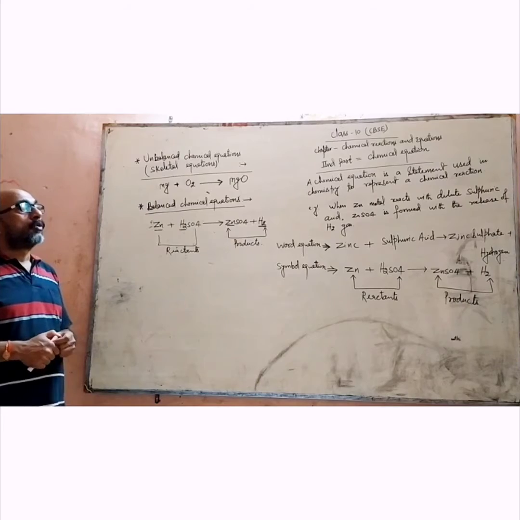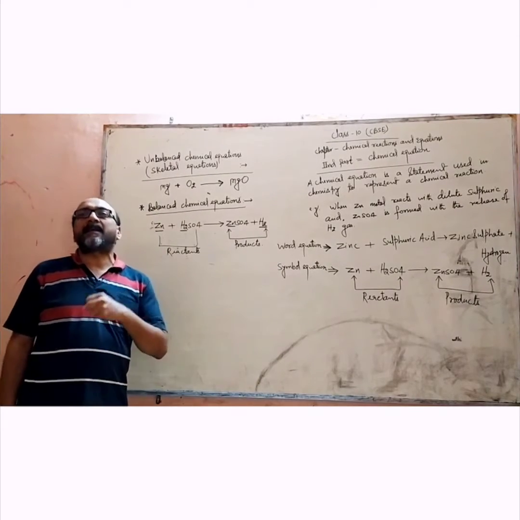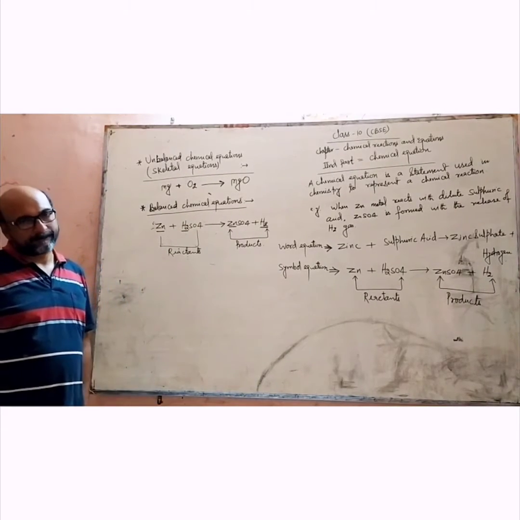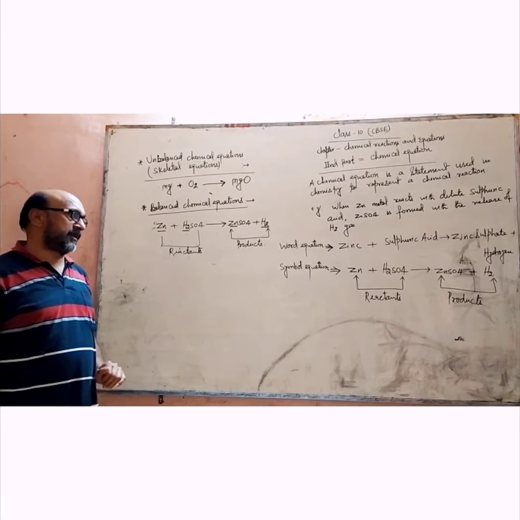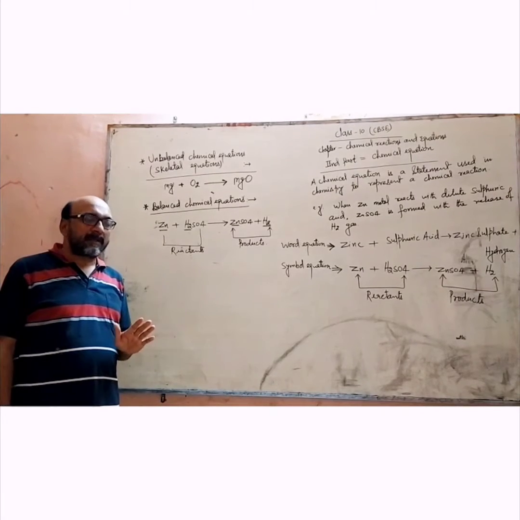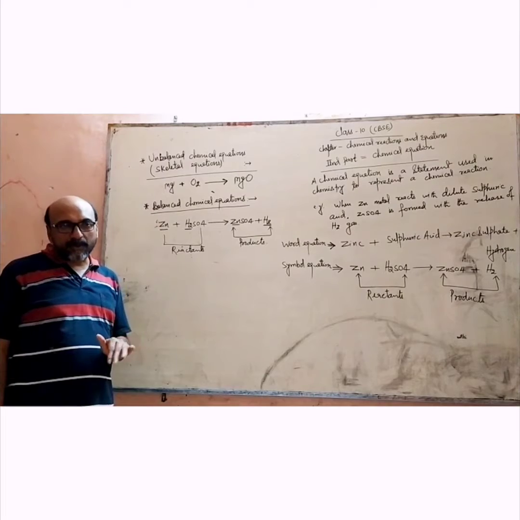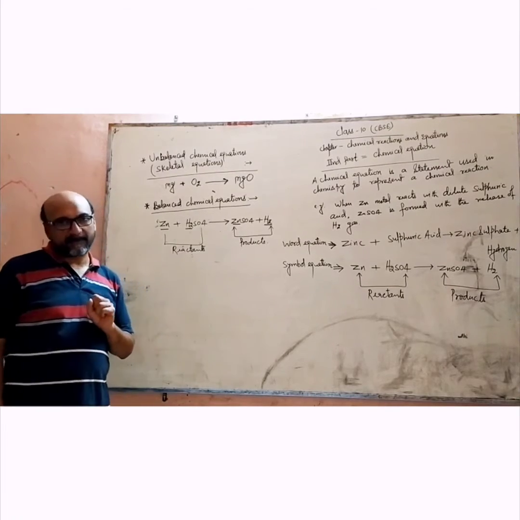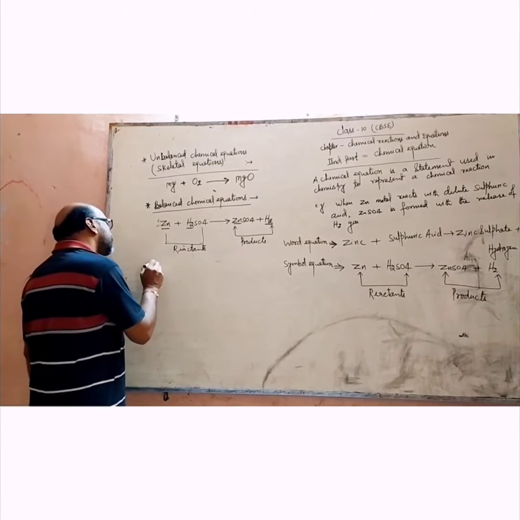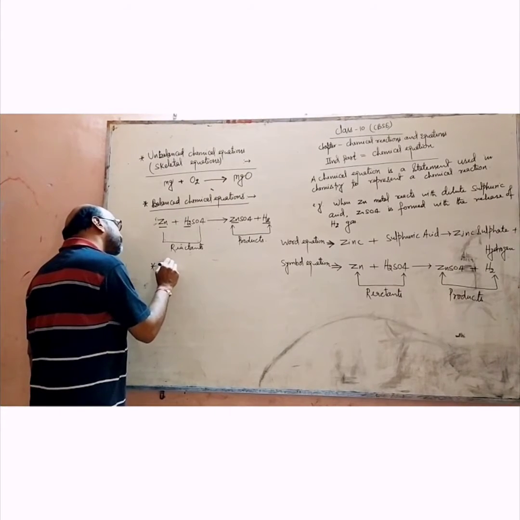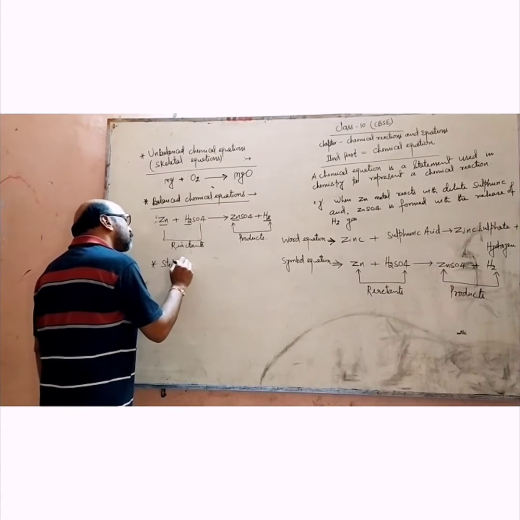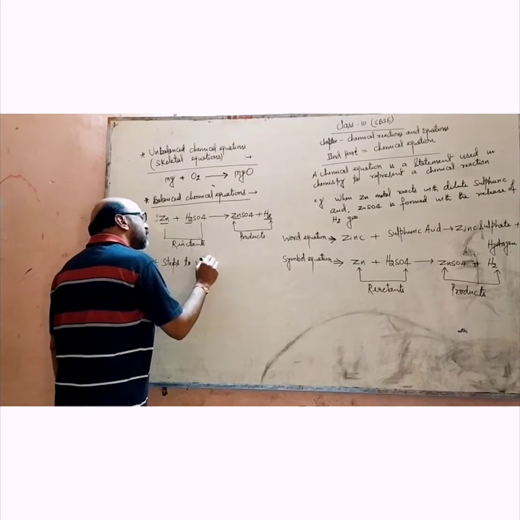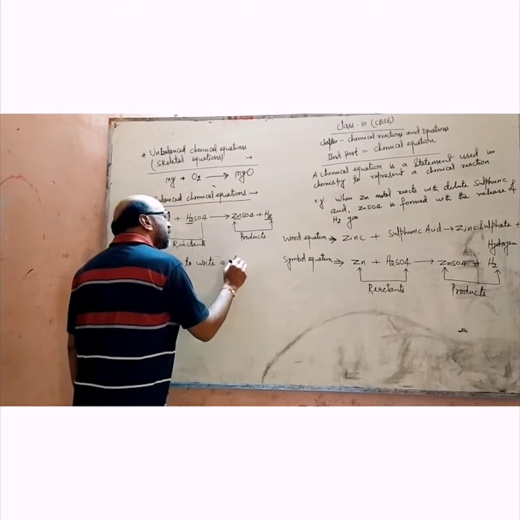Now, how do we write a chemical equation? A chemical equation can be written using 3 steps. The steps to write a chemical equation.